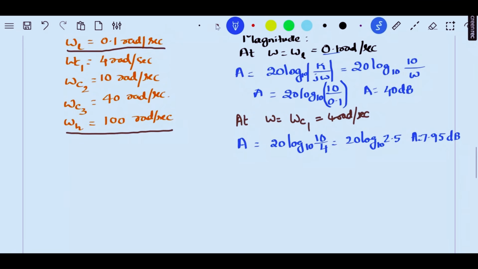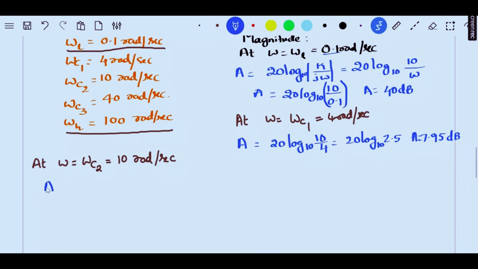Now at omega equals omega C2, which is equal to 10 radians per second, at the third omega value, we have a formula to find the magnitude A. For every problem, we use this formula. Keep that in mind, the steps we are doing are the same for every problem.